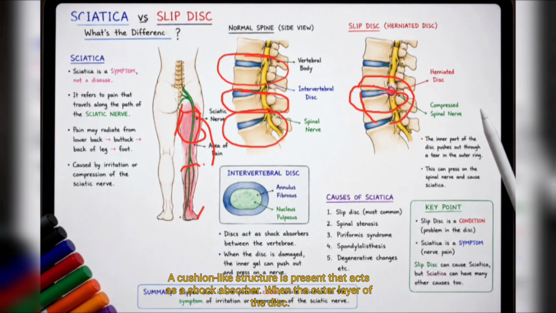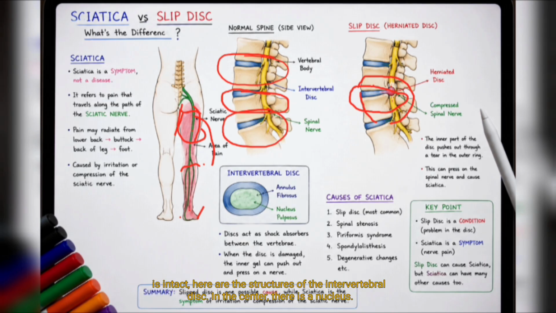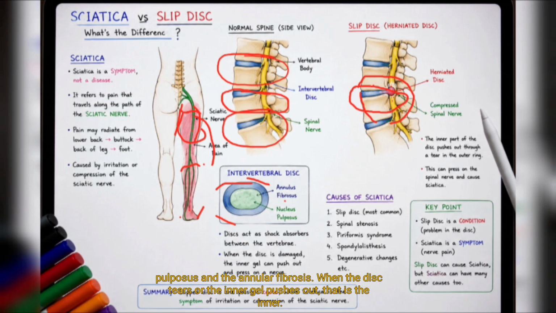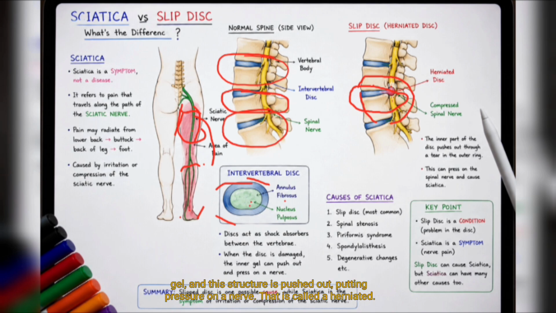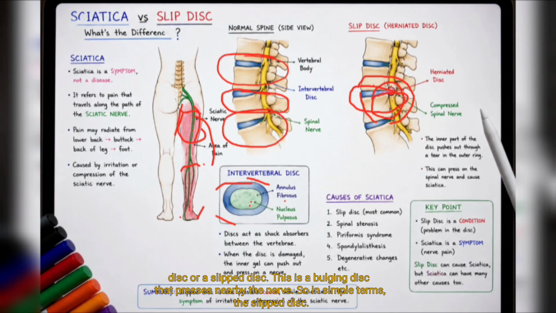The intervertebral disc has a nucleus pulposus in the center and the annulus fibrosus as the outer layer. When the outer layer of the disc tears, the inner gel pushes out and puts pressure on a nerve. That is called a herniated or slip disc.